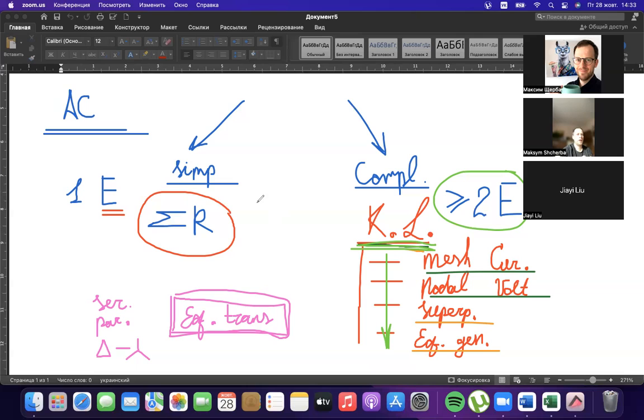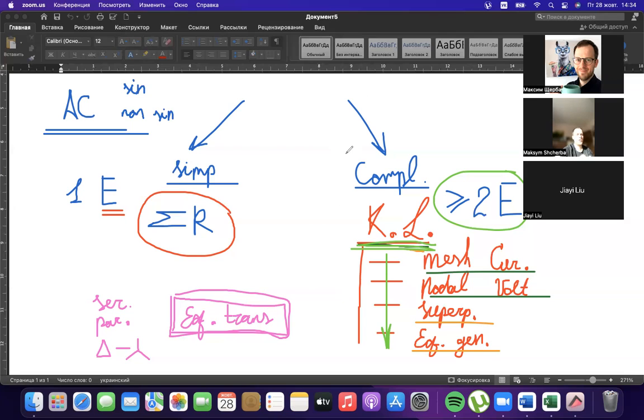That is why I concentrate so much attention on it. Everything from this picture will be the same for alternating current. The main question will be which type of alternating current it is, sinusoidal or non-sinusoidal. If it is sinusoidal, what can we do to return to these equations?